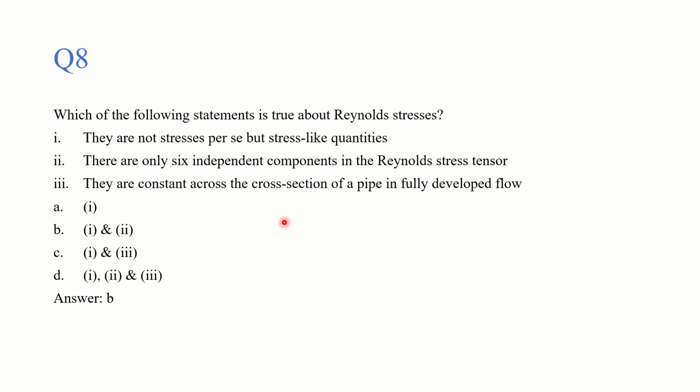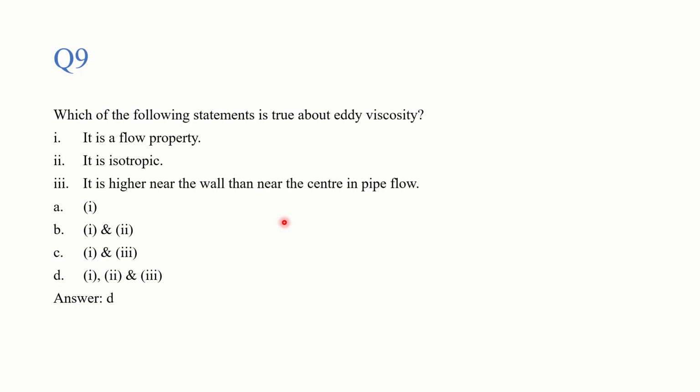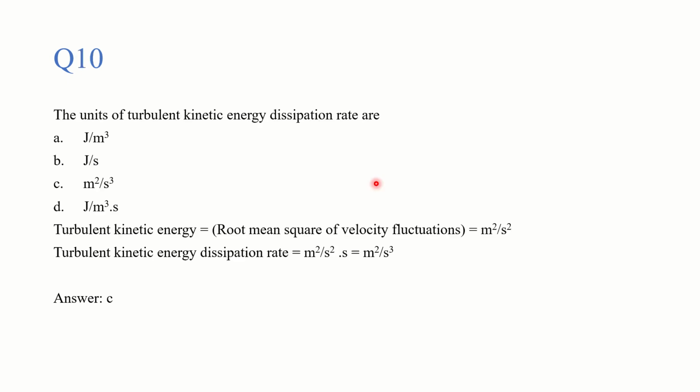What is true about Reynolds stresses is that they are stress like quantities but not actual stresses, and there are 6 independent components. Basically, when we time average the Navier-Stokes equations, from the advection term we get the Reynolds stresses. What is eddy viscosity? It is a flow property and it is isotropic as well. It is higher near the walls than at the center of the pipe.